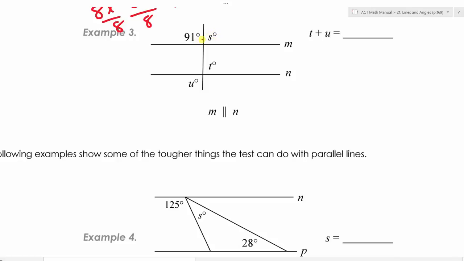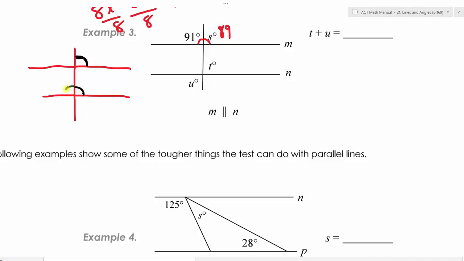So if this angle over here is 91, then this other angle over here has to be 89. Now, what I meant by corresponding angles is when I have a situation in which I have parallel lines and a transversal, I should know that the angles that correspond to each other, in other words, the upper right angle here corresponds to the upper right angle here, are equal.